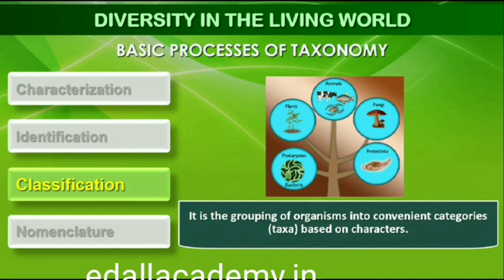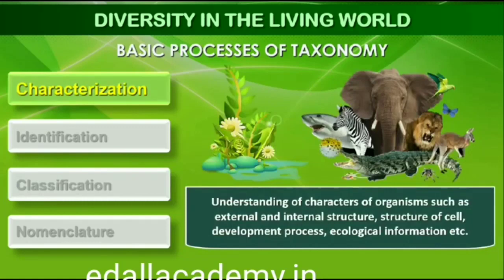Classification is the process by which anything is grouped into convenient categories based on some easily observable characters. For example, we easily recognize groups such as plants or animals or dogs, cats or insects. The moment we use any of these terms, we associate certain characters with the organism in that group. What image do you see when you think of a dog?